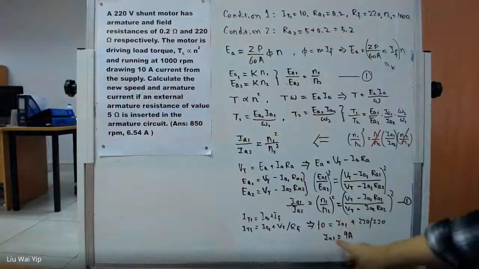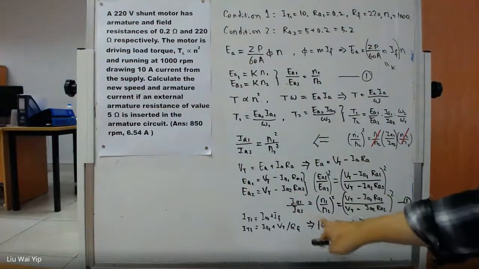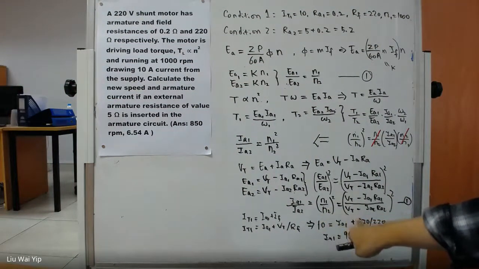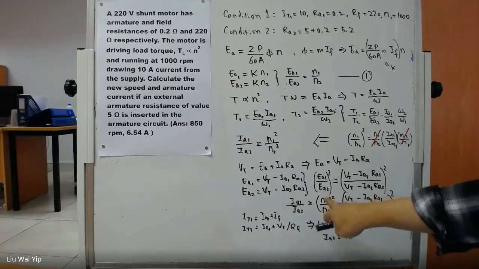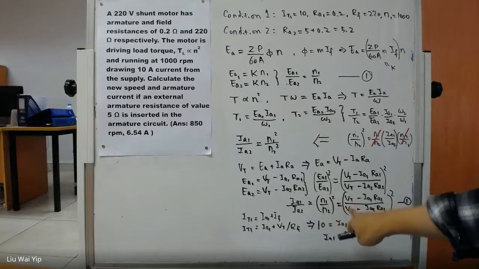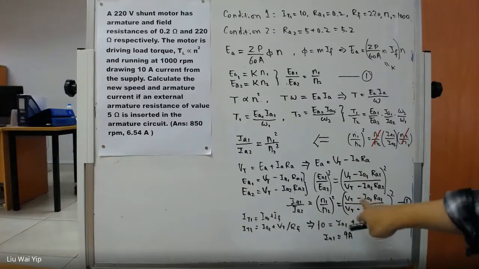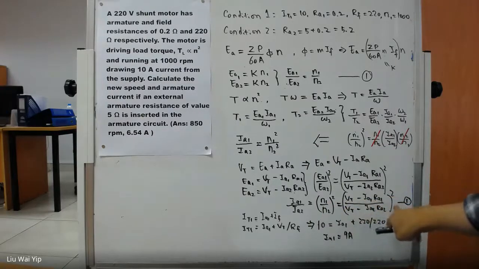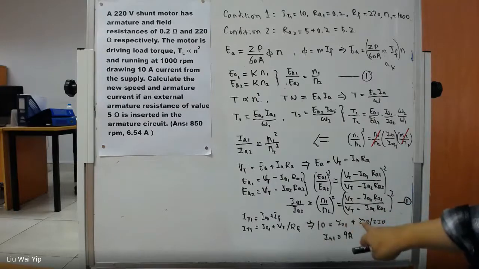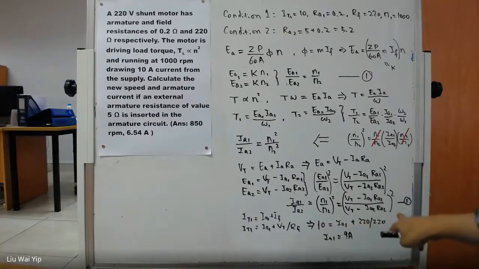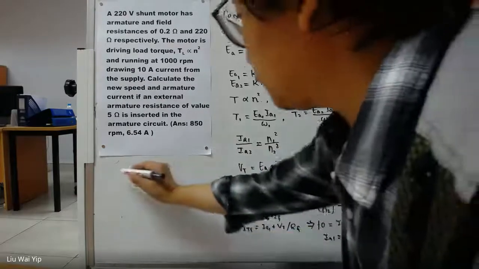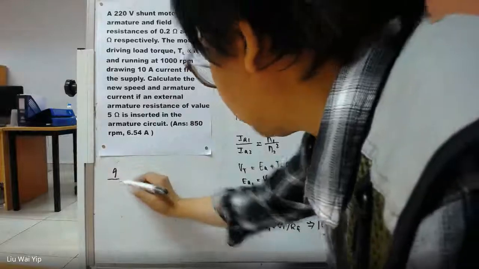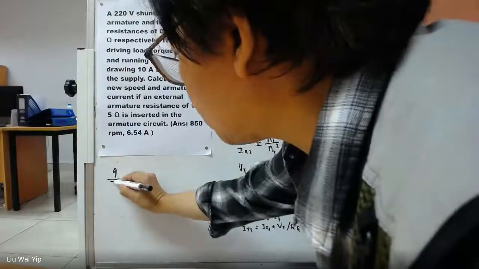Now we have IA1 and we have this equation. We also have VT, right? We are now trying to substitute all the known parameters back to equation 1. So in here, IA1 is 9, and IA2 is not known.